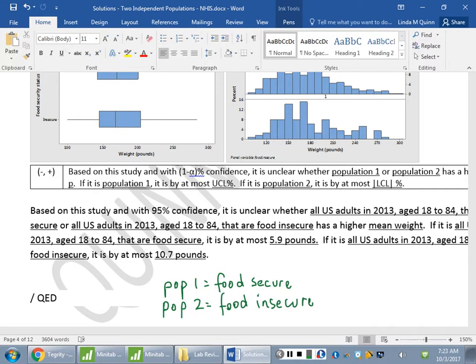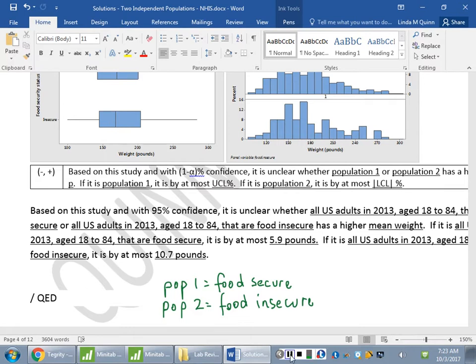If it's population 2, so those would be the people that are food insecure, it's by at most the absolute value of the lower confidence limit. So remember, our lower confidence limit was negative. Now I'm going to make it positive, 10.7. So writing the sentences so that we have all positive values.